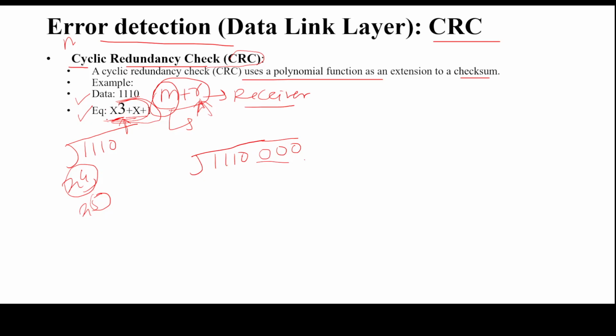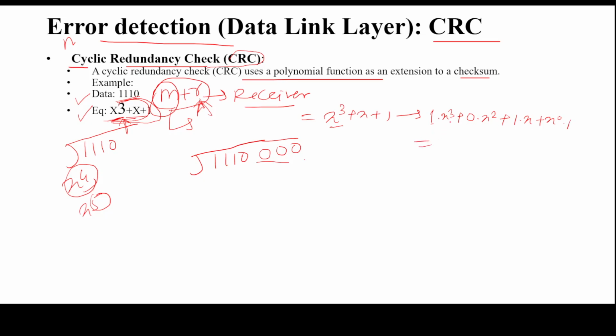Now, as I mentioned, whatever data is there, we have to convert into binary format. So this equation will first be converted into binary format. x cube plus x plus 1 is our polynomial equation. For that purpose, we need to find the coefficients. For x cube, the coefficient is 1. x square is not present, so 0 will be the coefficient for x square. x is there, so 1 will be the coefficient for x, and 1 stays as it is, that is x to the power 0 times 1.